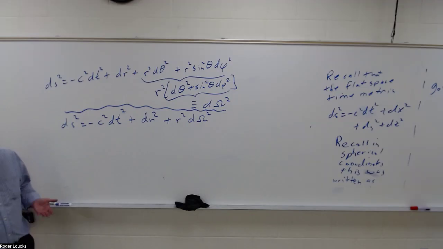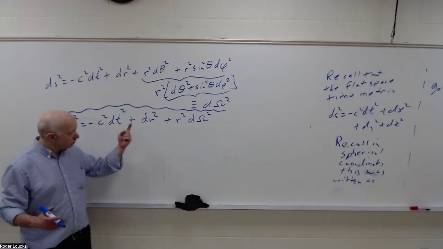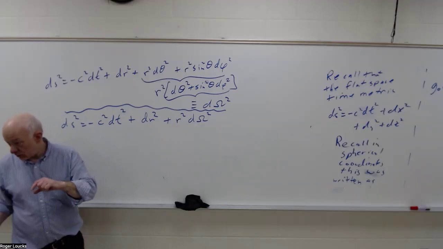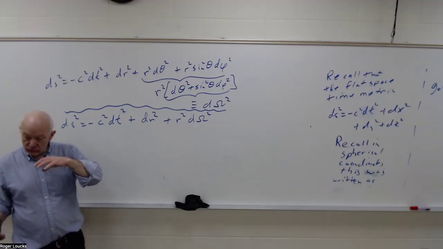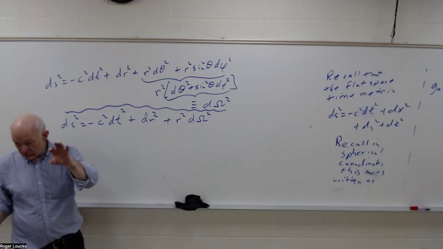Now I want to make it more general. To make it more general and still have spherical symmetry, I'm going to multiply each of these terms here by a new function that is a function of r. To make it easier to calculate with, I'm going to write all the terms as an exponential as a function of r.